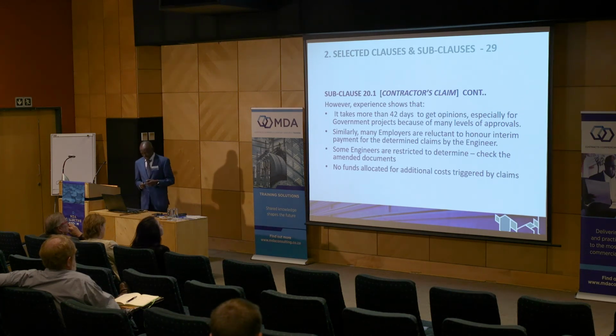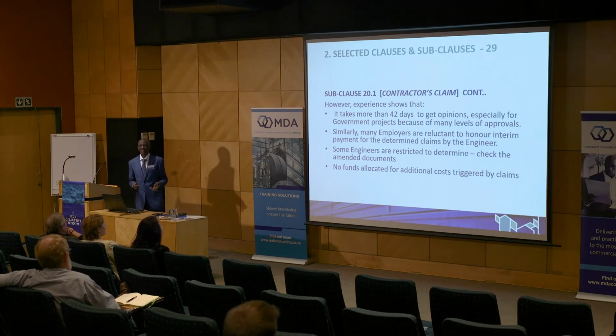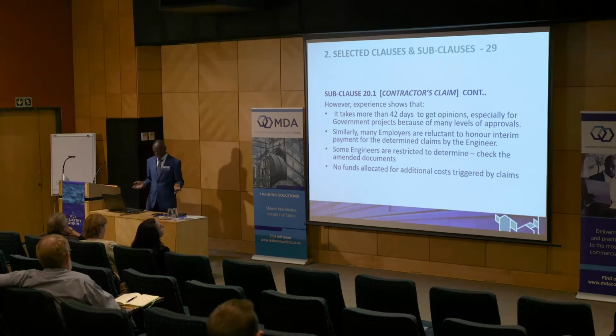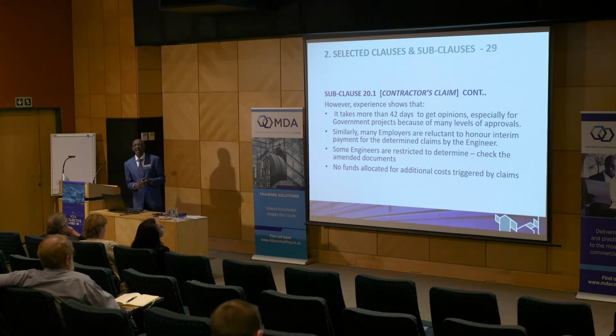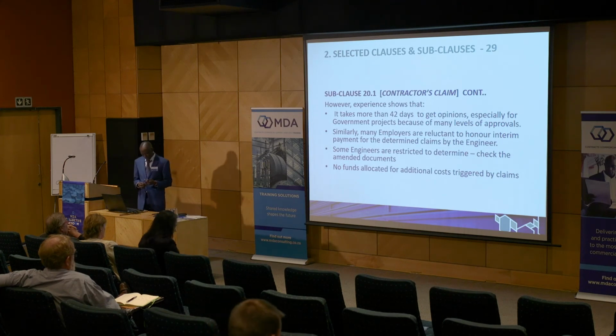Another thing is that many employers are reluctant to honor interim payments which have been determined by the engineer. Again, it's the same issue of trust. The engineer might determine the claim, but the employer might not pay it. There's also the issue of restriction. Some engineers are restricted in determining amended claims.